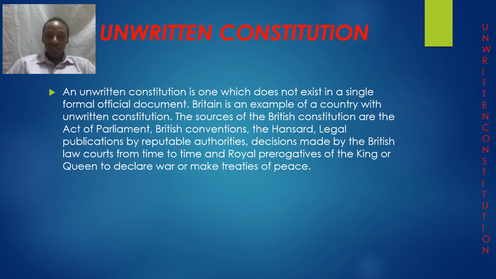Let's now look at the unwritten constitution. This type of constitution is one which does not exist in a single formal official document. Britain, for example, is a country with an unwritten constitution. The sources of the British constitution are the Acts of Parliament, the British conventions, the acts and legal publications by reputable authorities, decisions made by the British law courts from time to time, and the royal prerogative of the king or queen to declare war or make treaties of peace.